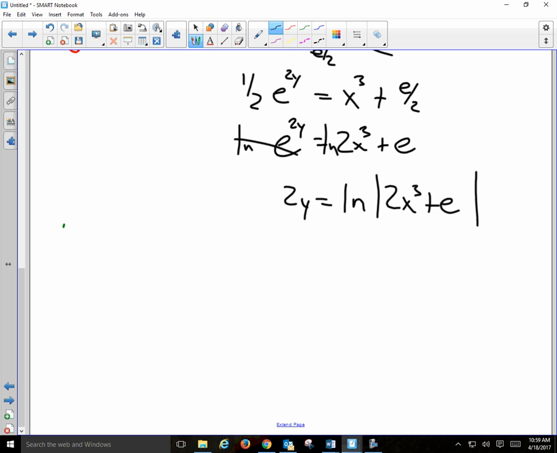Why do I have to include the absolute values? Divide by 2, y is equal to the natural log of 2x cubed plus e. Oh, I didn't do that very well. y is equal to the natural log of 2x cubed plus e, that entire piece divided by 2.